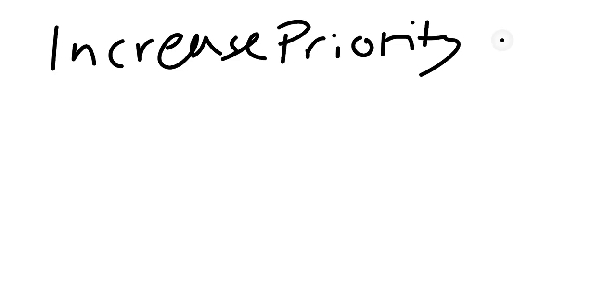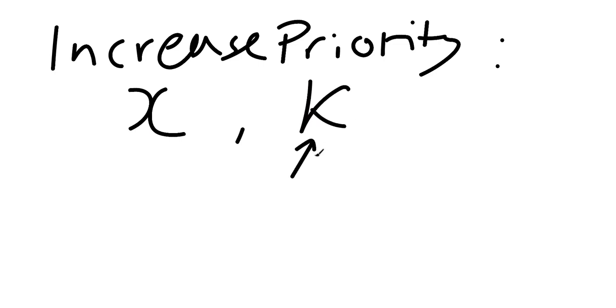Now we are left with this last method we need to implement, which is increase priority. How we're going to implement this is, let's say we are specified an element x, and we want to increase the priority of x to k.